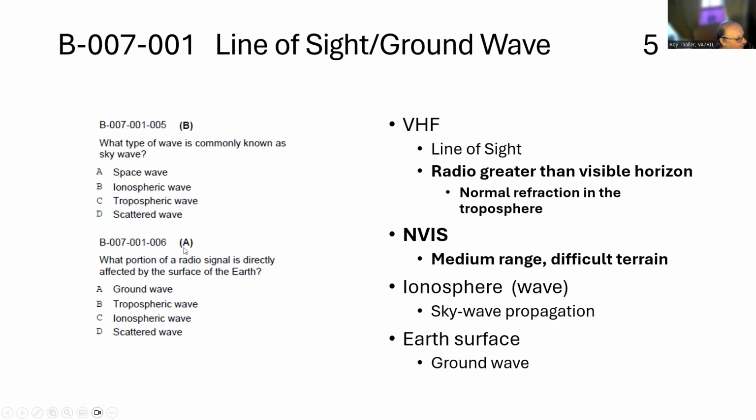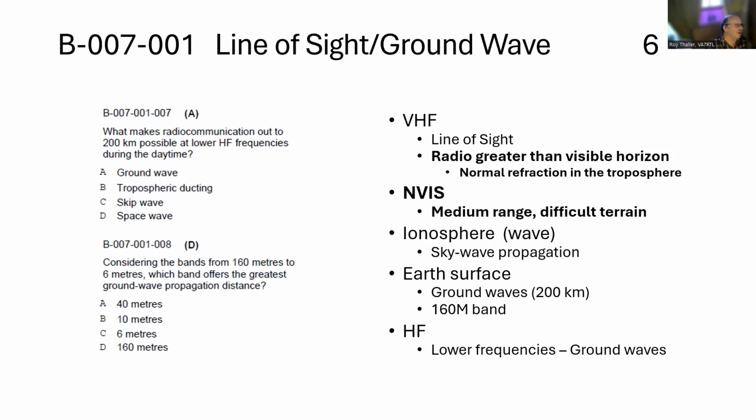That would be what's closest to the Earth, the ground wave. What makes radio communication out to 200 kilometers possible at lower HF frequencies during the daytime? That would be A, the ground wave. It provides close distance communication.